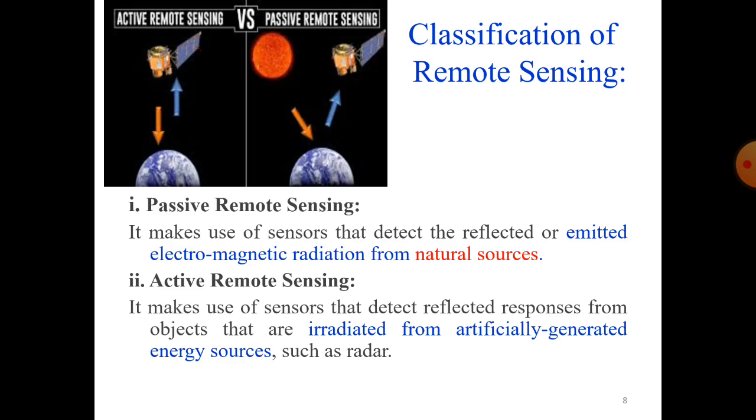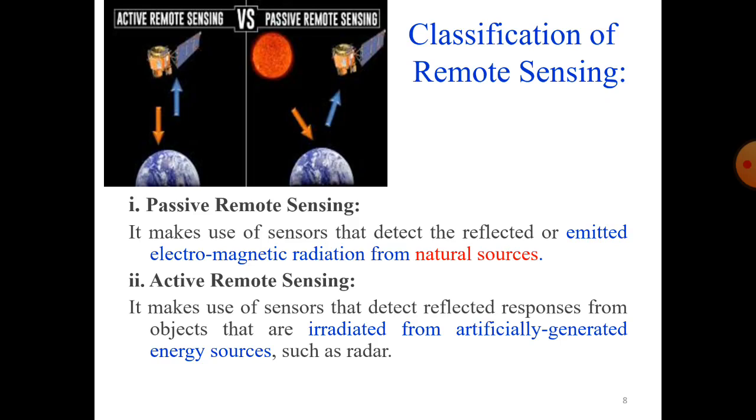The next important concept that we shall understand is the classification of remote sensing. Classification of remote sensing is based on the source of EMR. If the EMR is from a natural source like sunlight, as what you see in the second picture of the photograph in the slide, it is called passive remote sensing.